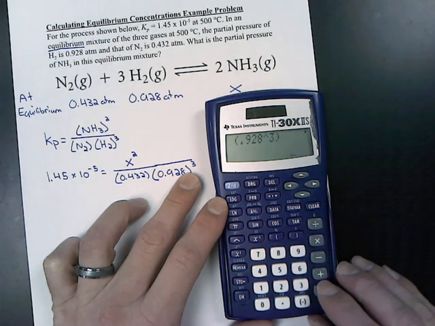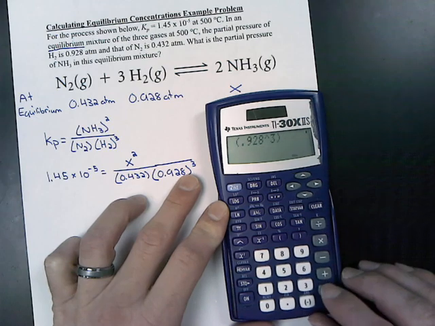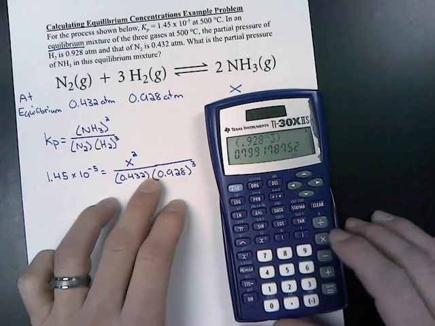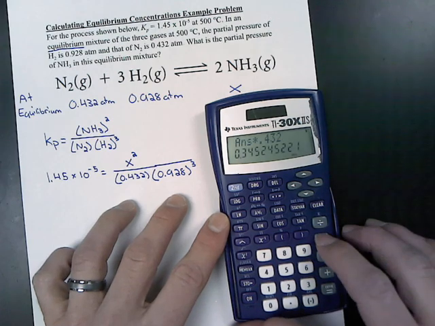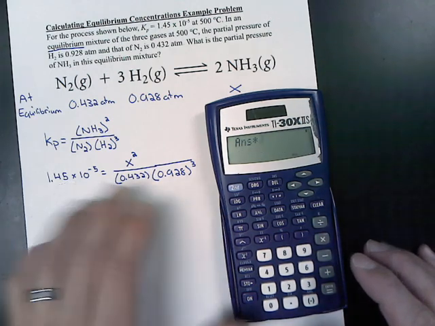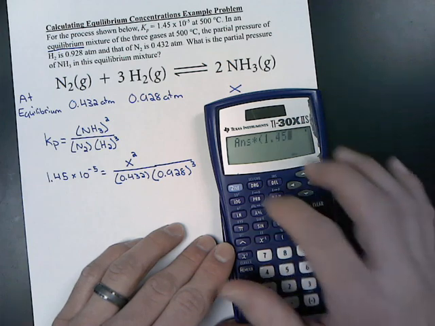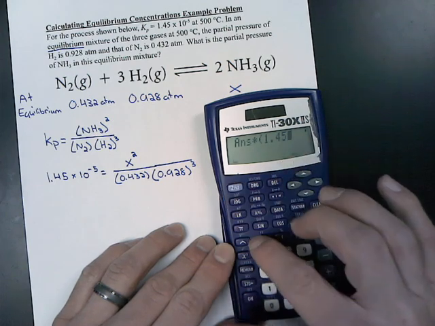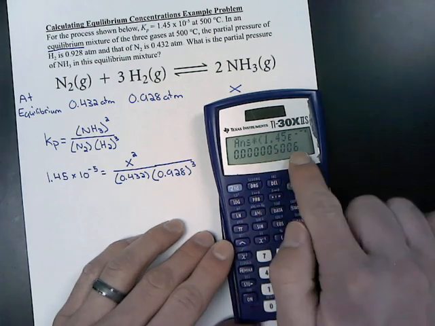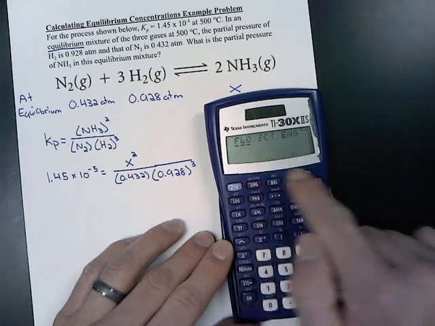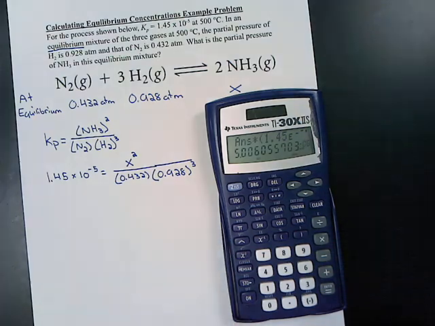So I'm going to put 0.928 to the third power, and then multiply it by 0.432, and multiply that by this 1.45 times 10 to the negative fifth. The answer I got is a really small decimal, so I'm going to put it into scientific notation.